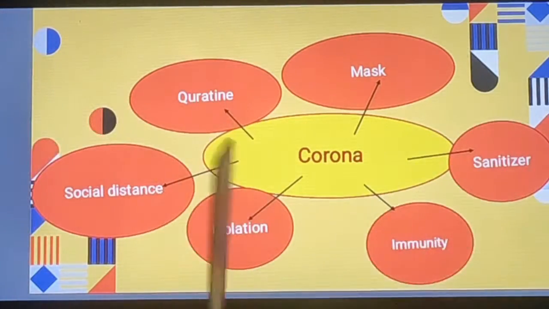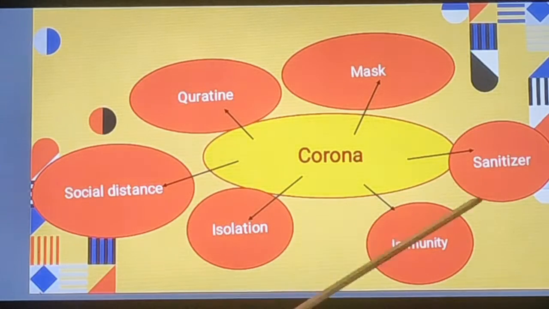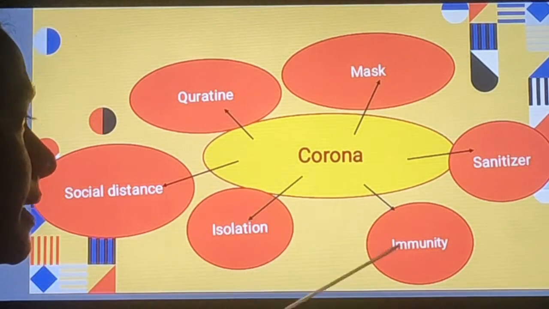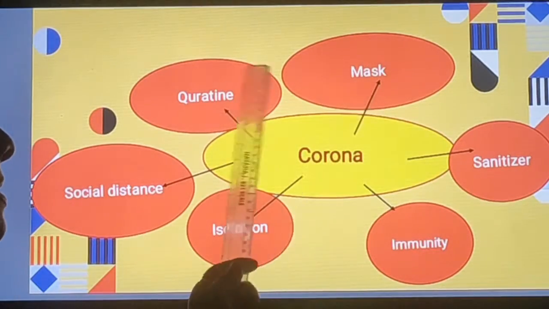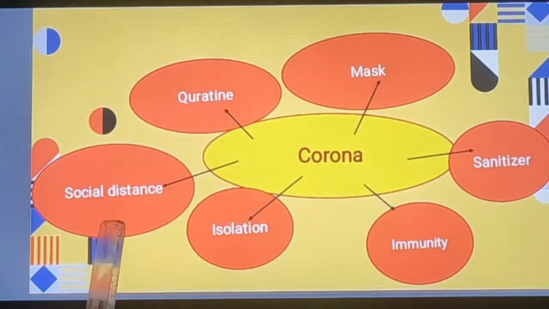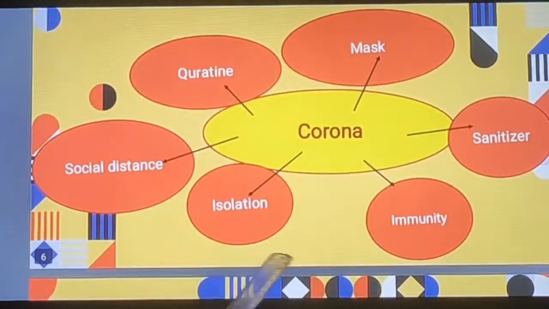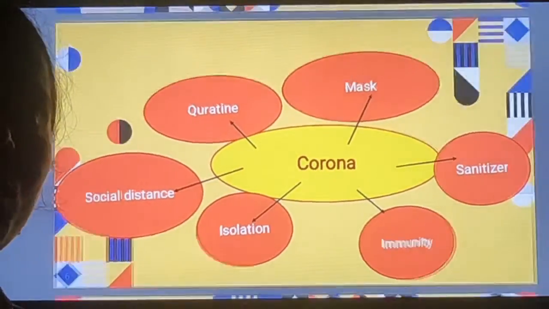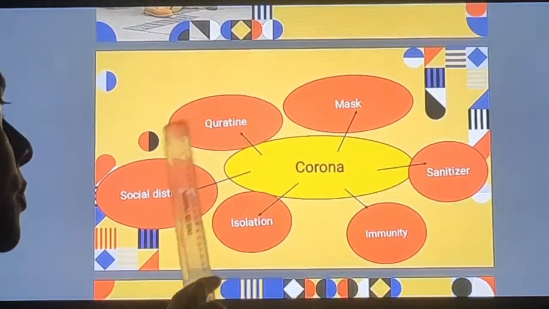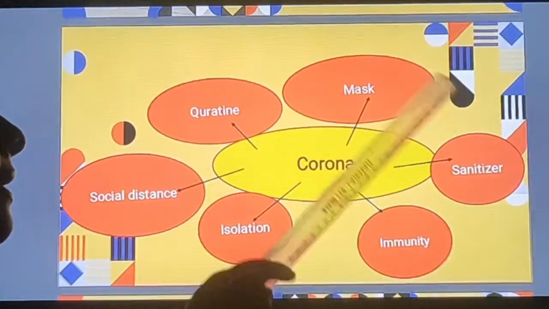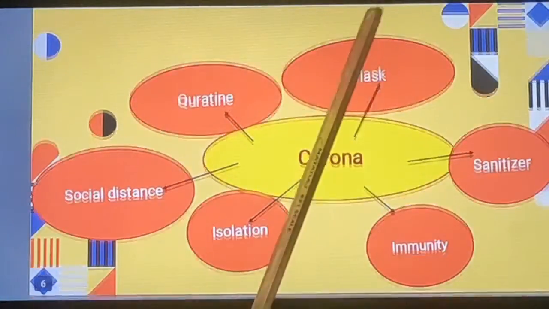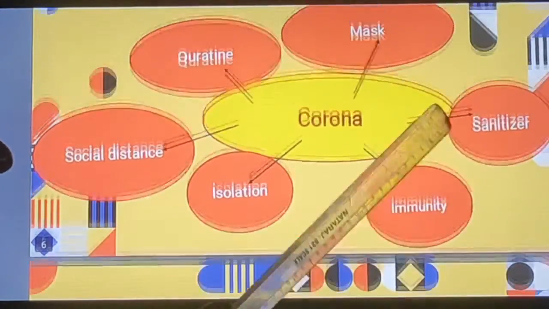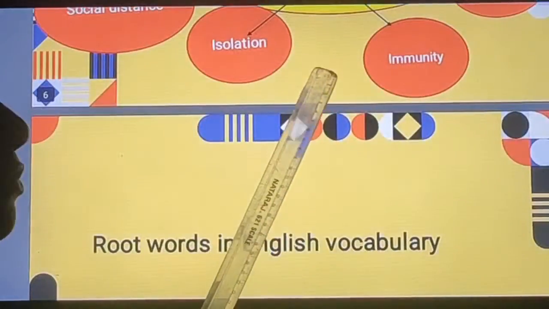Already we have learned so many. What is the first one? Corona related words: immunity, sanitizer, mask, quarantine, social distance, isolation. These are also related to corona. This is corona related vocabulary, that is called related vocabulary.